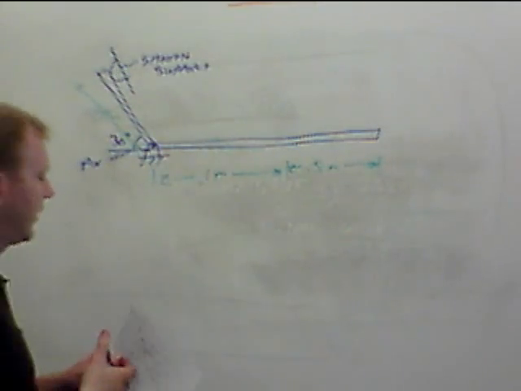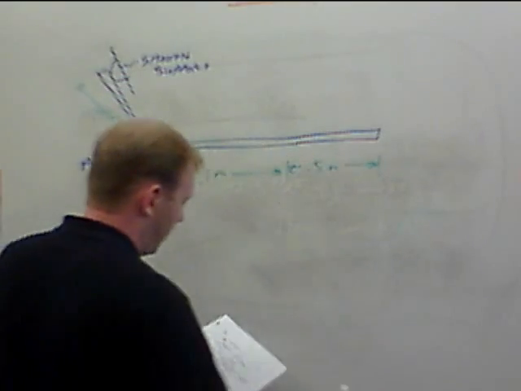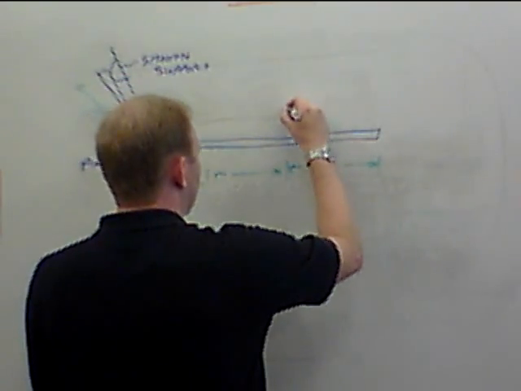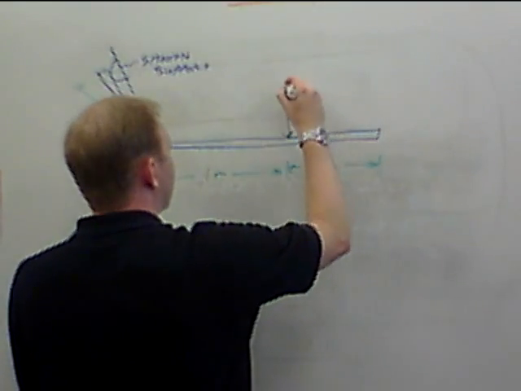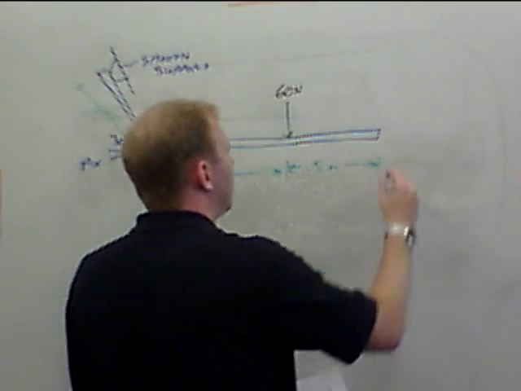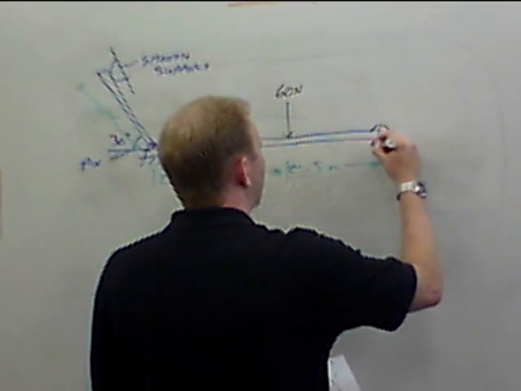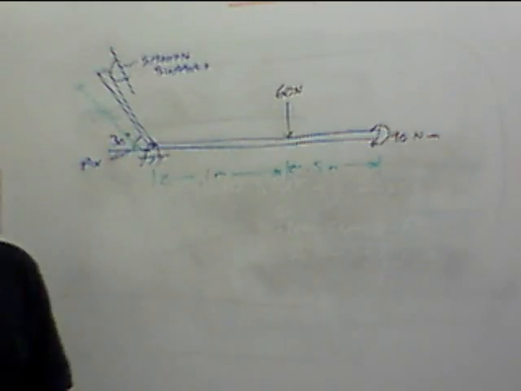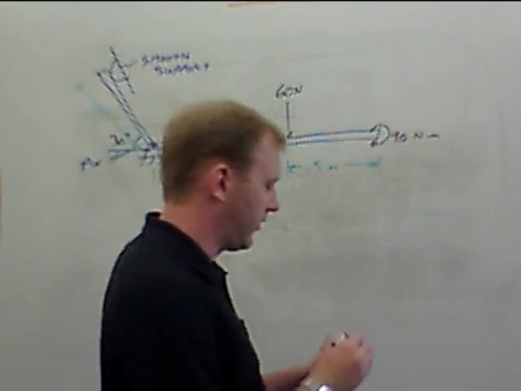The reason I divided that up is because we're going to have an applied load force acting right here that's 60 newtons. And the other thing we're going to have at the end here is an applied moment of 90 Newton meters. Applied moment is something that's going to be new for a lot of you.